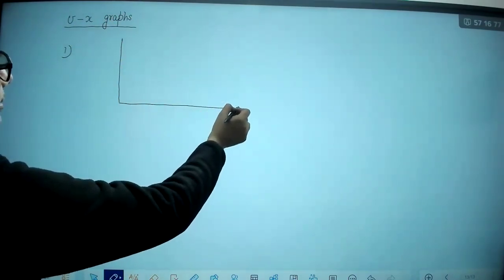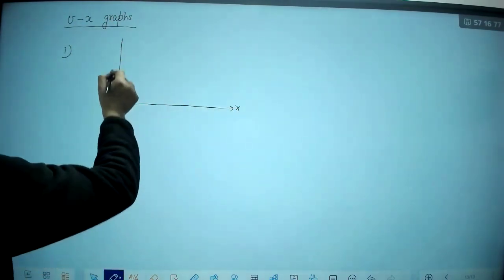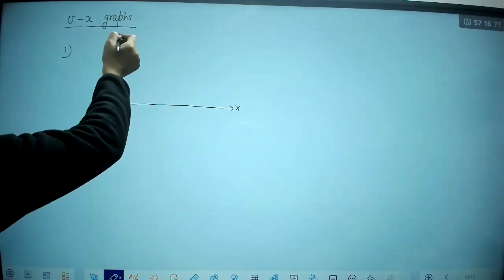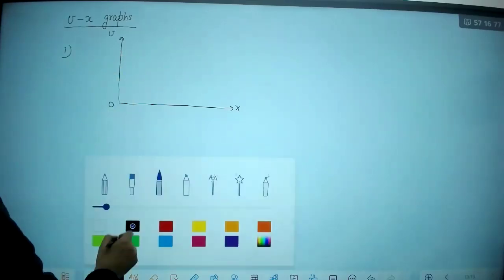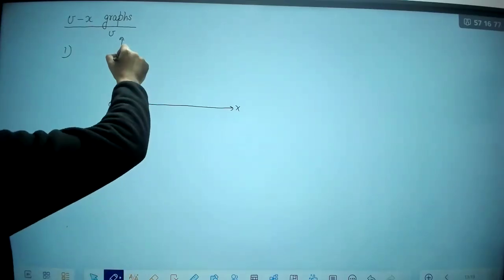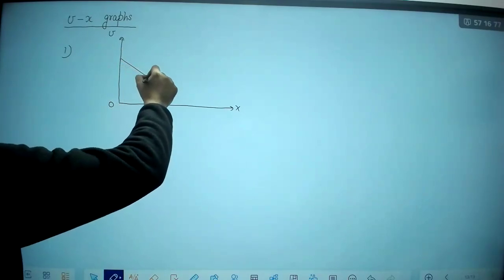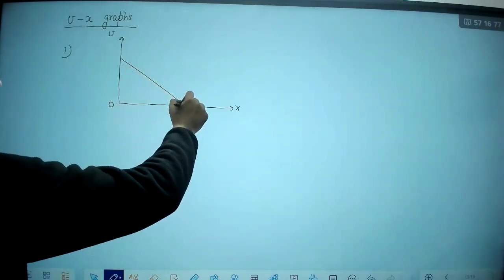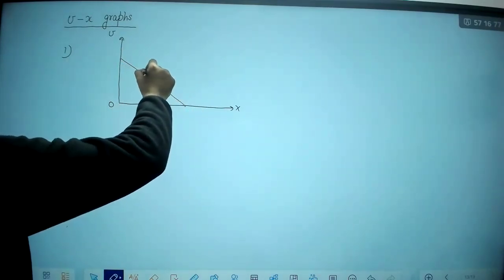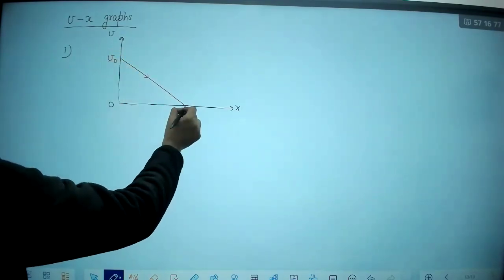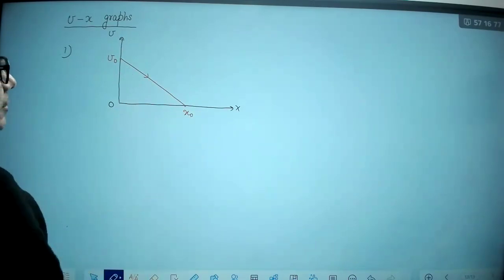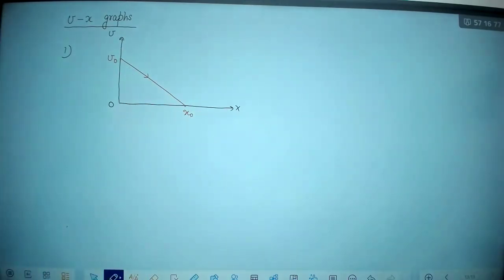Here you are having x, this is 0, this is velocity v, and you are having this type of graph. This is v naught and this is x naught. Okay? This graph is given.